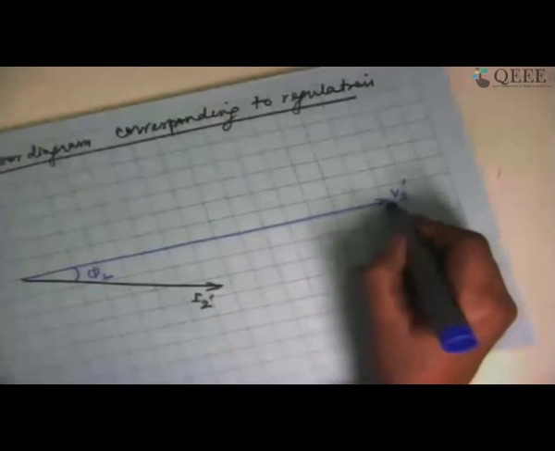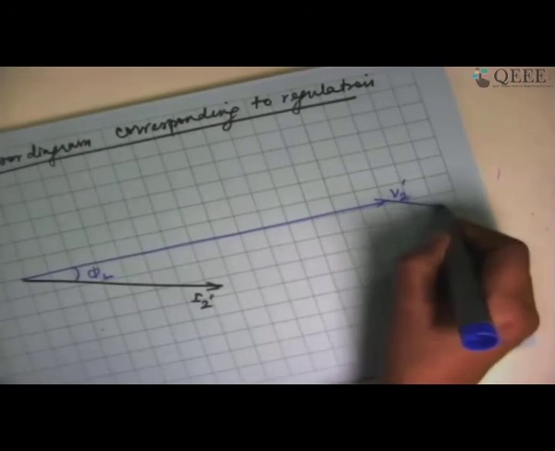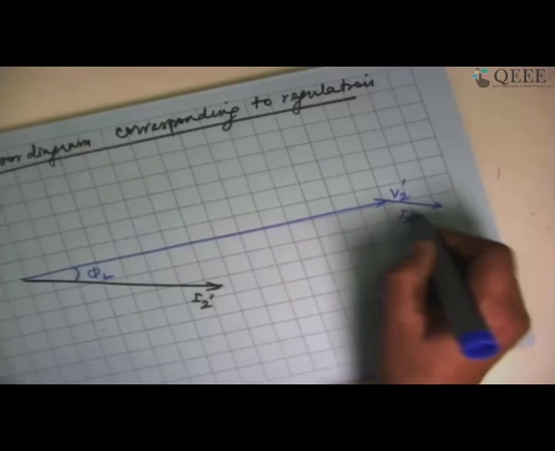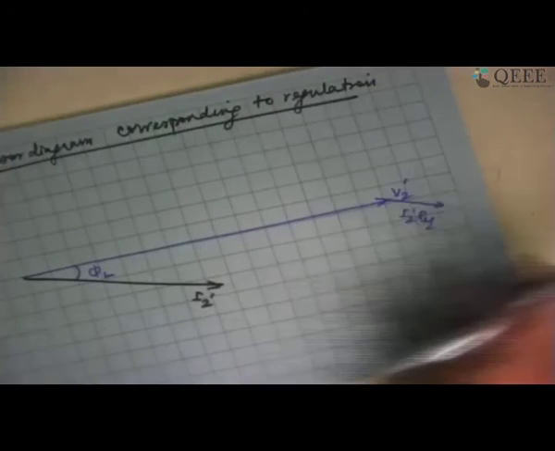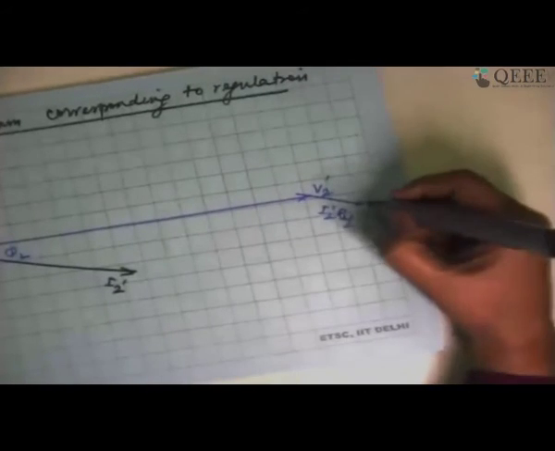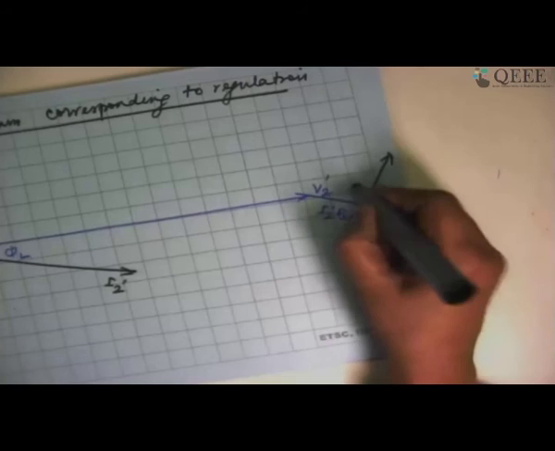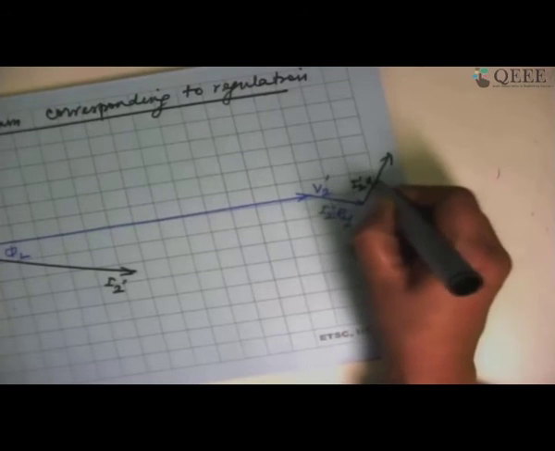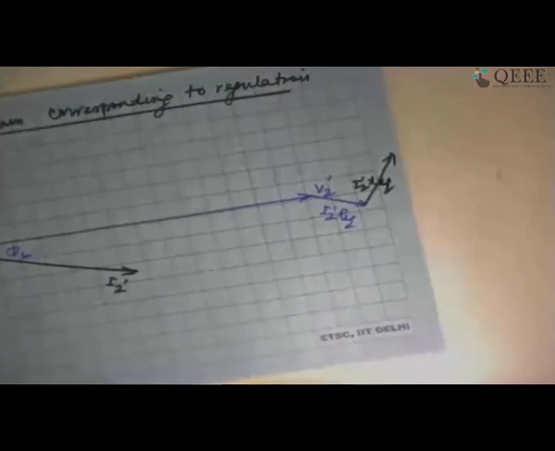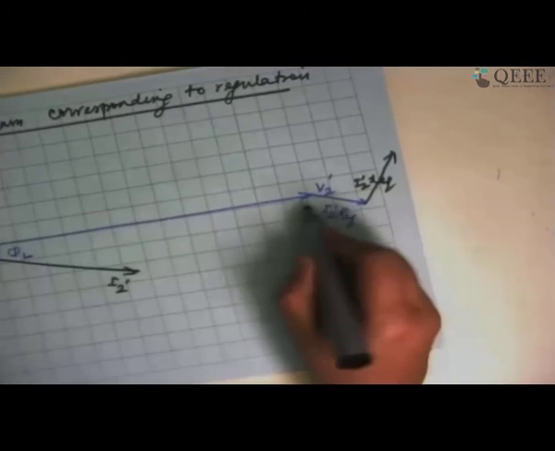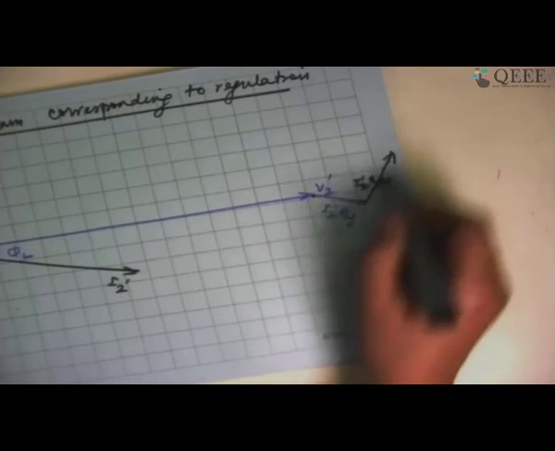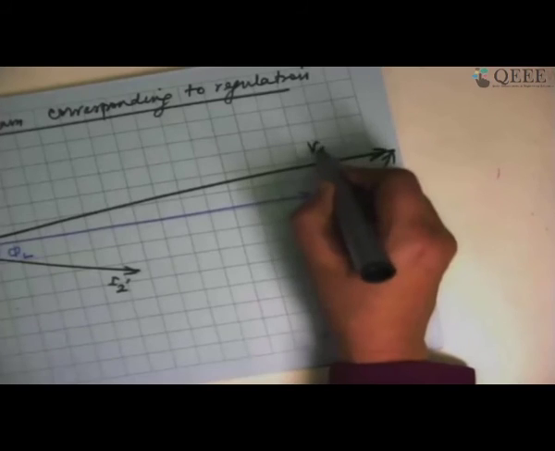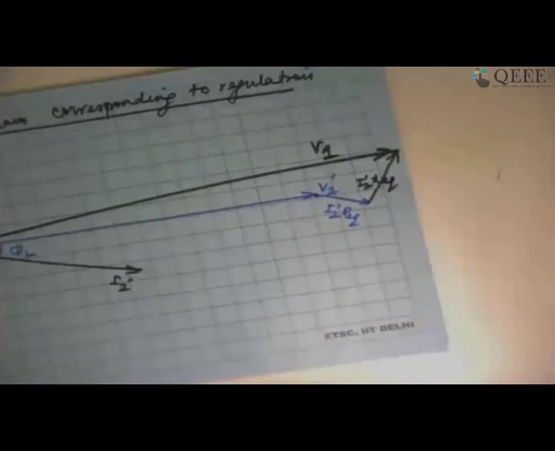Now this I2 dash and I2 dash R equivalent will be in phase with each other. Perpendicular to that, I should draw I2 dash X equivalent. Now, when I add V2 dash plus I2 dash R equivalent plus j I2 dash X equivalent, what I get is V1. This is what is V1.